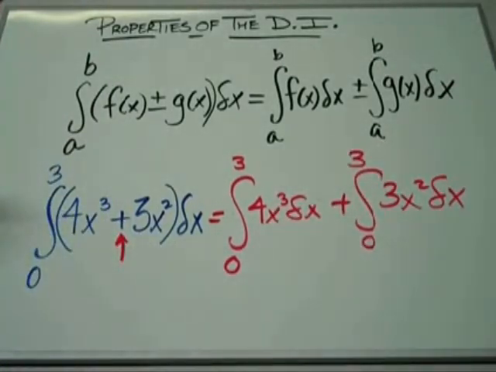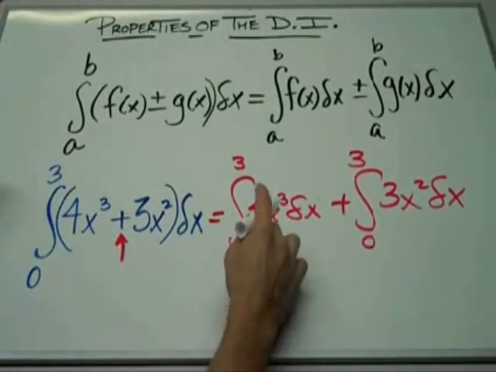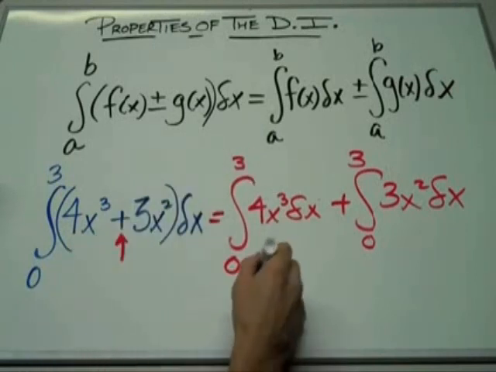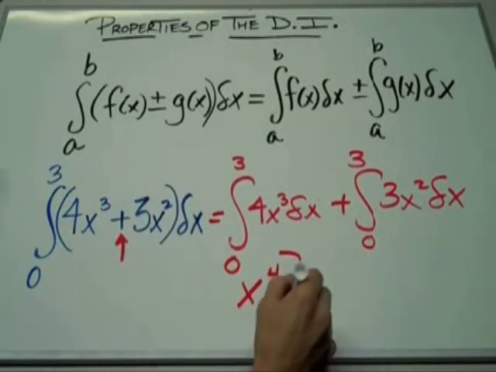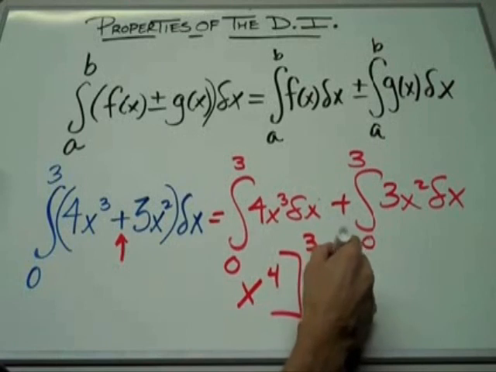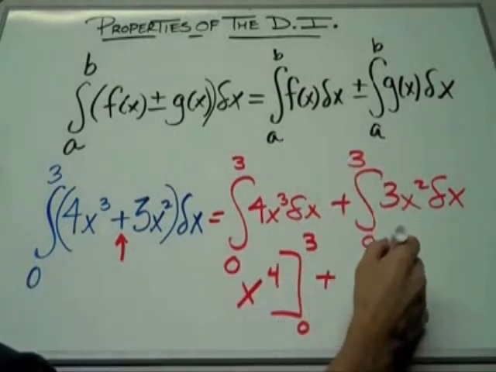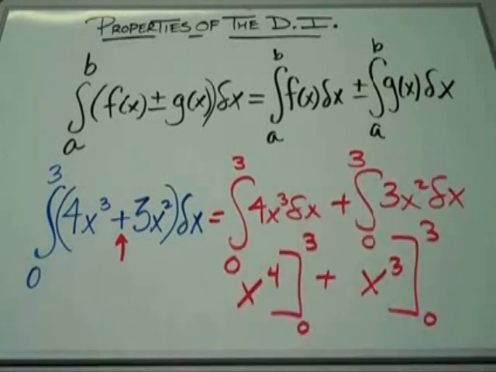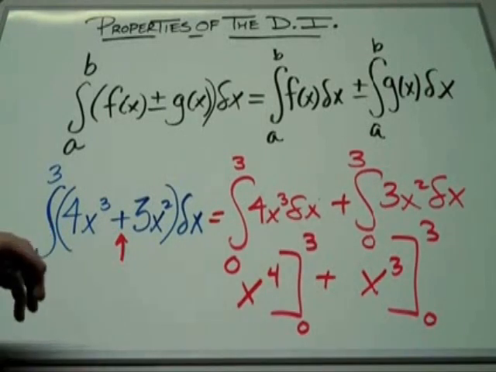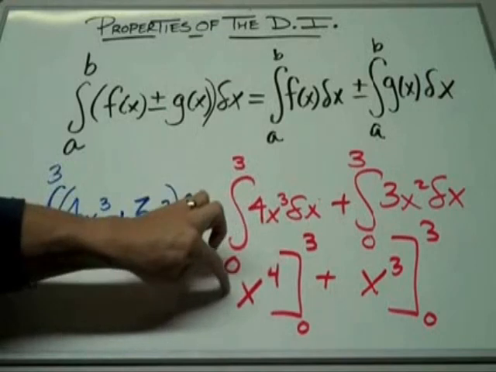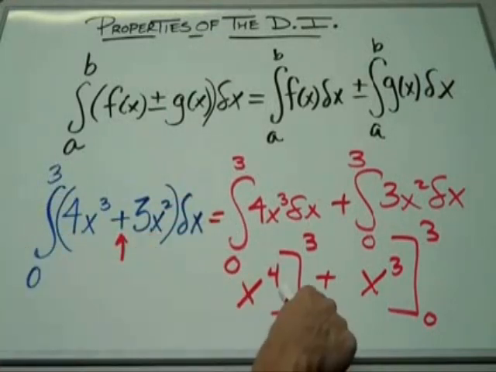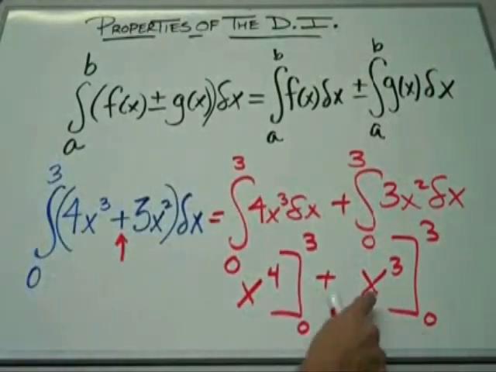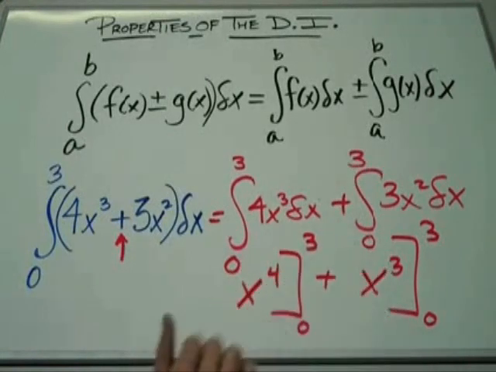Now I can integrate these each separately, and if I add and then divide, I'm going to have x to the 4th from 0 to 3 plus, if I add and divide, x cubed from 0 to 3. I could evaluate each of those separately and then combine my answers. Notice it's going to be plug in a 3 minus plug in a 0 plus plug in a 3 minus plug in a 0. It involves a little more addition and subtraction, but I'm sure you can handle that.